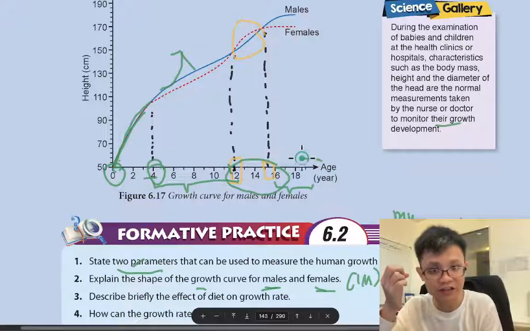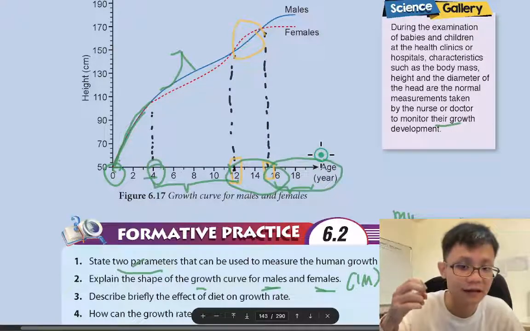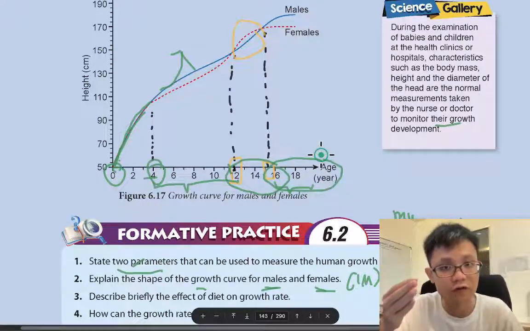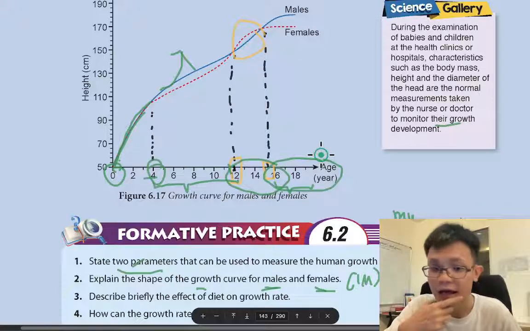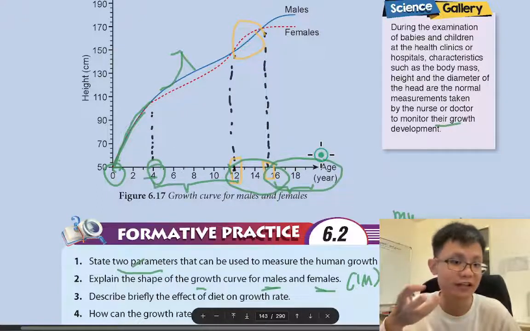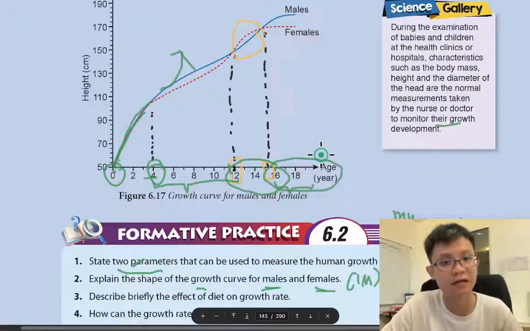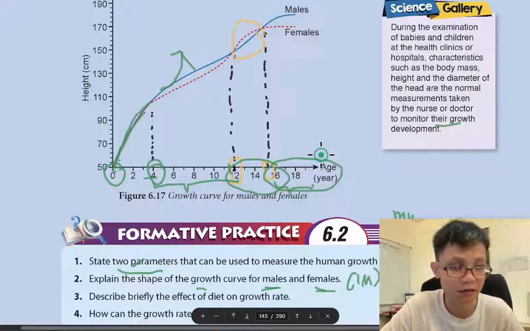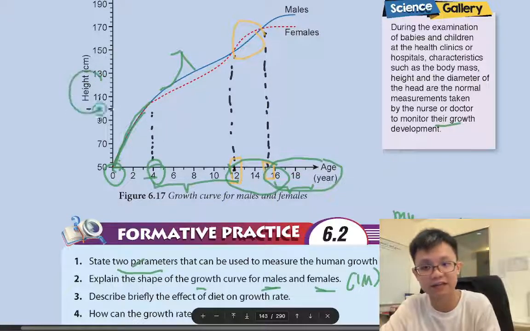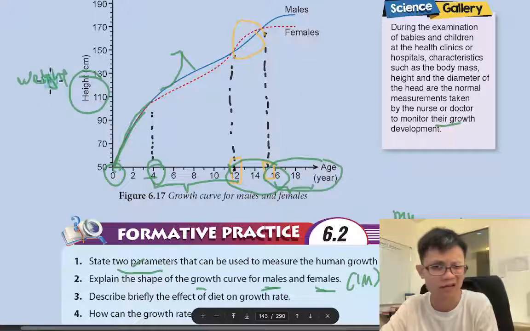Then for the stage 16 to 18, the growth of male will be higher than female. Eventually, usually, males will have a higher growth or higher body size or higher height that we can see. Either they can use height or weight or size if they want to.